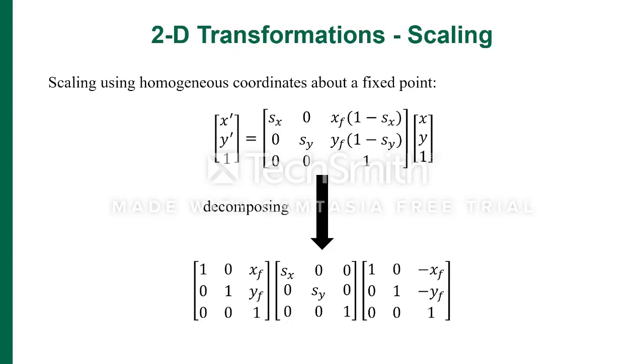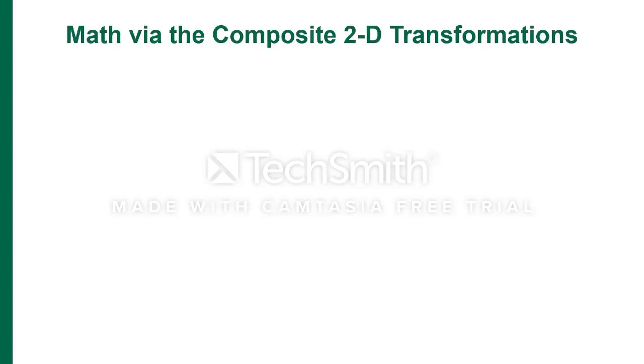By decomposing the second matrix, the most complex matrix, we have the three matrices on the bottom. It's also the same as what we discussed earlier, those three steps. We first translate it to the origin. Then we do the scaling, and finally we translate it back to its original position.